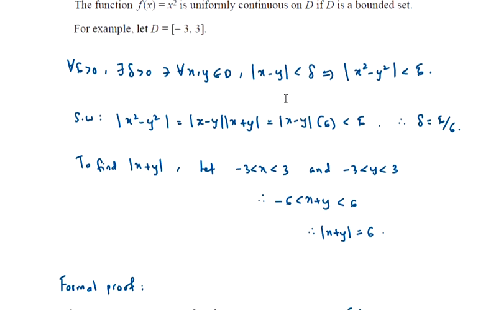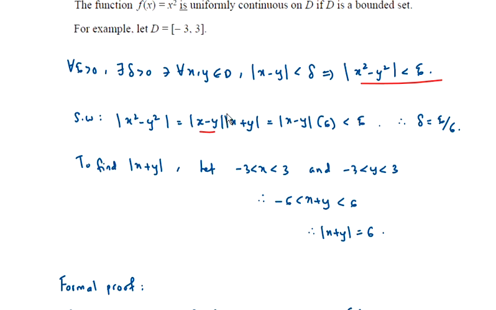Okay, so now we need to find the delta. To find delta from the consequent, we start with x square minus y square and then factorize, we get x minus y multiply x plus y. So one of the factors is x minus y.